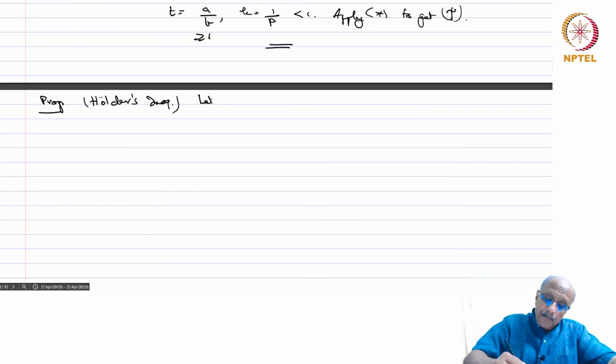Let 1 ≤ p < ∞ and p' the conjugate exponent.